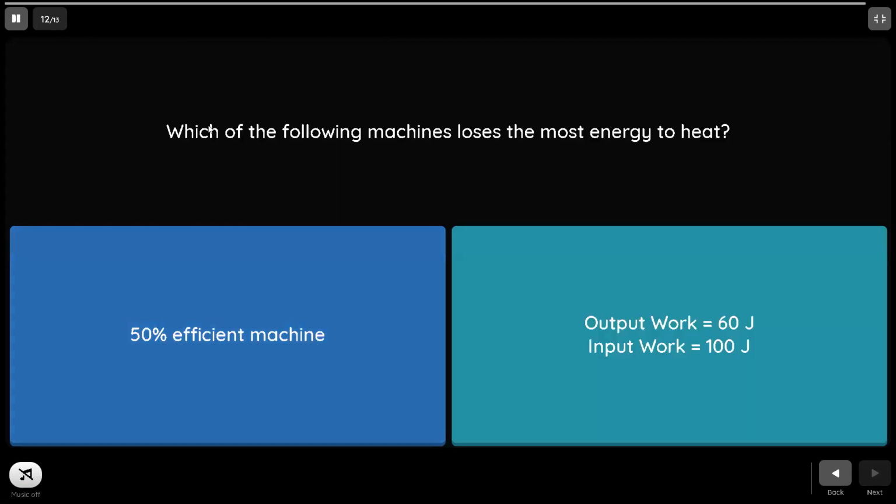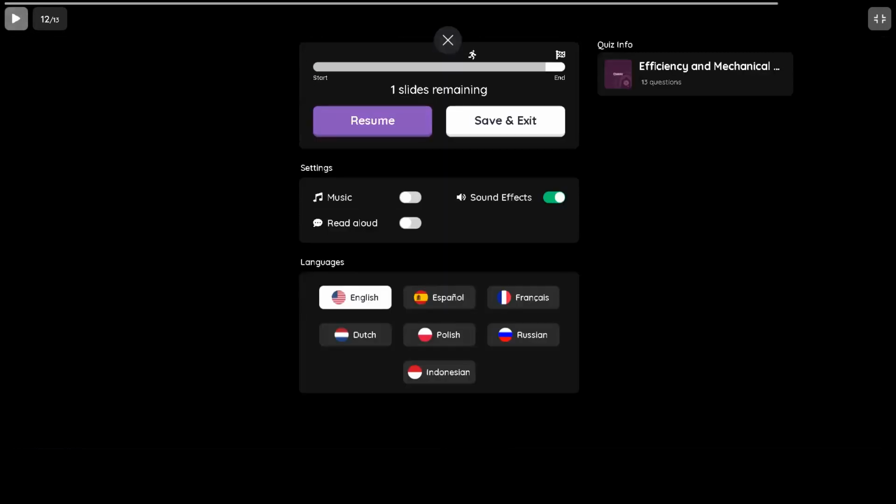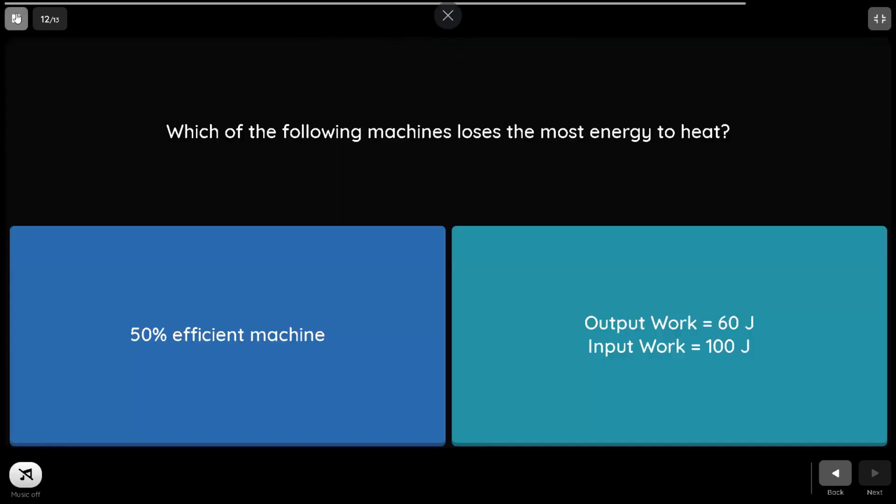Now, which of the following machines loses the most energy to heat? Here, as I told you, the machine has an input and an output. In the first case, we have a 50% efficient machine. What does it mean?